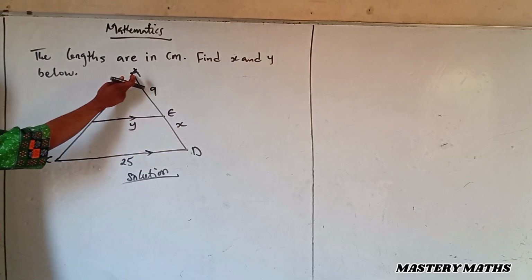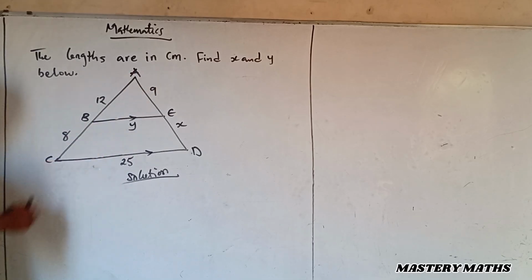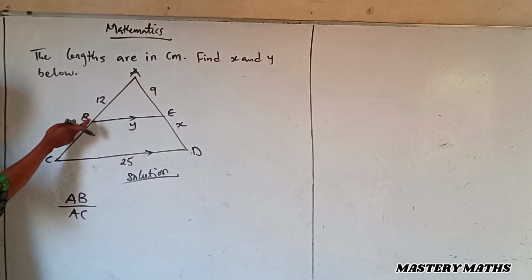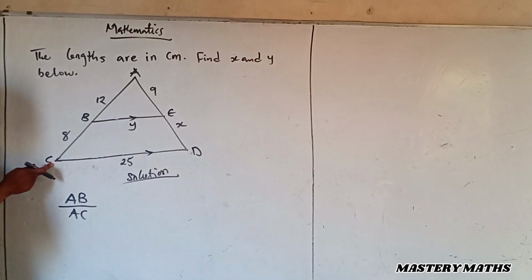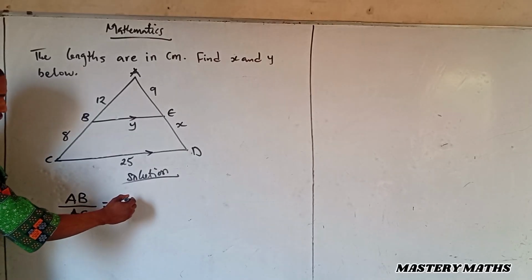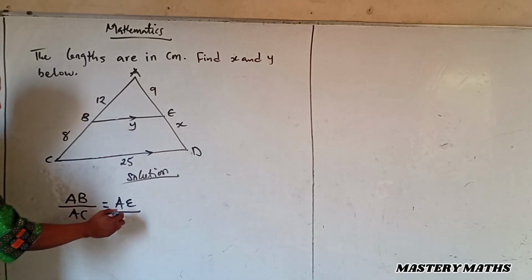Now, you say your AB over your AC. AB, the small, over the AC, the big one. Now you're equal to, do the same thing to the other side. You say your AE over AD.